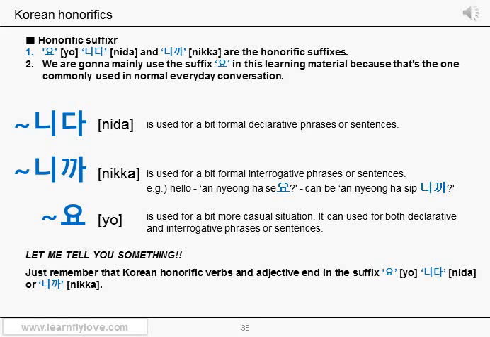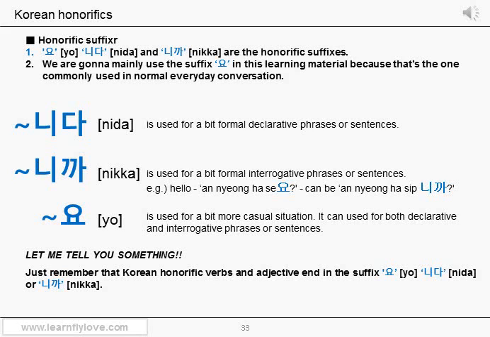Then what's the difference between the honorific suffix 니다 and yo? I'll say 니다 is a bit more formal and yo is more casual than 니다. For example, in a textbook or any official document, 니다 is used normally. Yo is used more in an ordinary conversation.